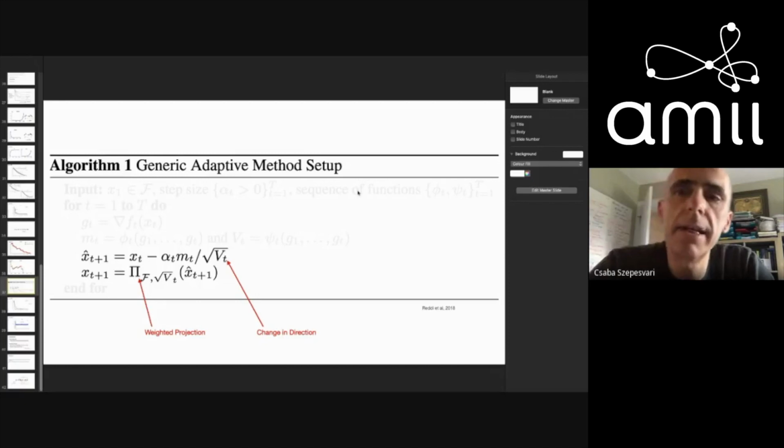Because you can have really ill-conditioned problems, but if you apply a judiciously chosen constant step size, then no matter the conditioning of that least squares problem, you have a uniform convergence rate. And that's beautiful.